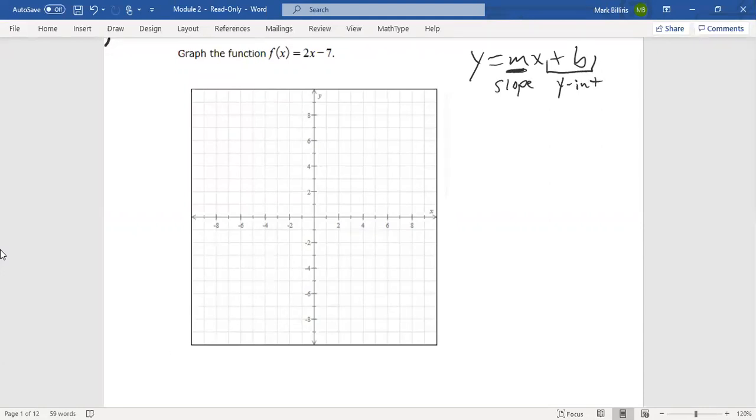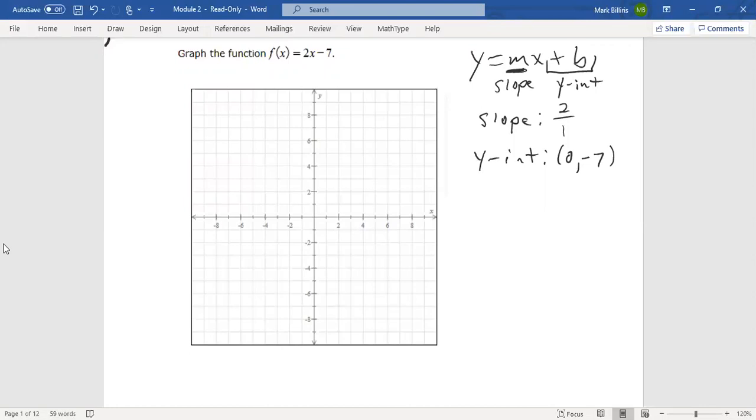The y-intercept is the point on the graph where the line passes through or touches the y-axis. So in this case, we have f of x equals 2x minus 7. So our slope is 2, and we're going to write it as a fraction because remember, slope is rise over run. And our y-intercept and our starting point is the point 0, negative 7.